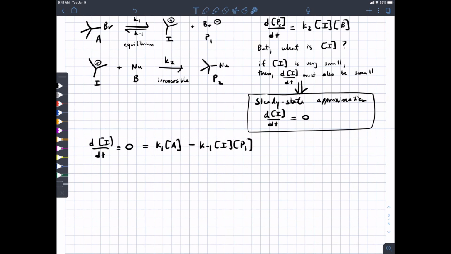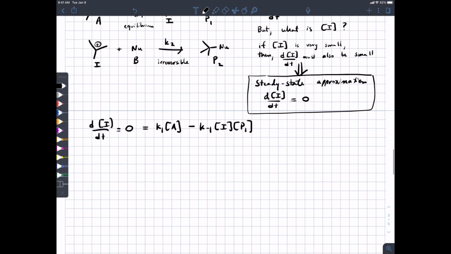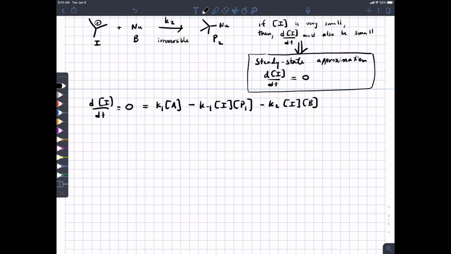And then the other way I can get rid of intermediate I is for it to react with nucleophile B through this irreversible K2 step. Because this step involves disappearance of I, it will also be negative here, minus K2 times I times B. Now, notice that I have here two terms that have I in them and one term that doesn't. So I'm going to use algebra to get all the terms that have I in them on one side of the equation and all the terms that don't on the other side of the equation.